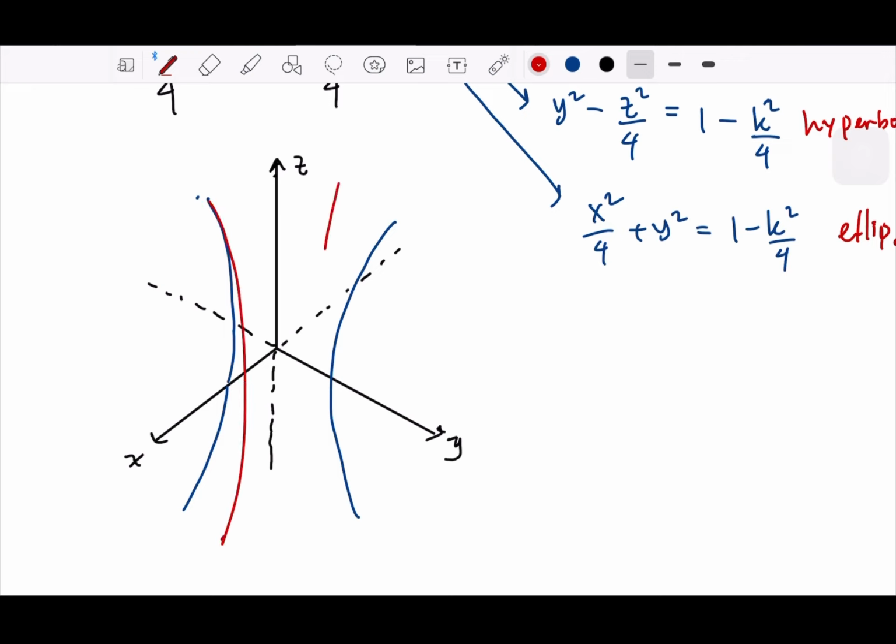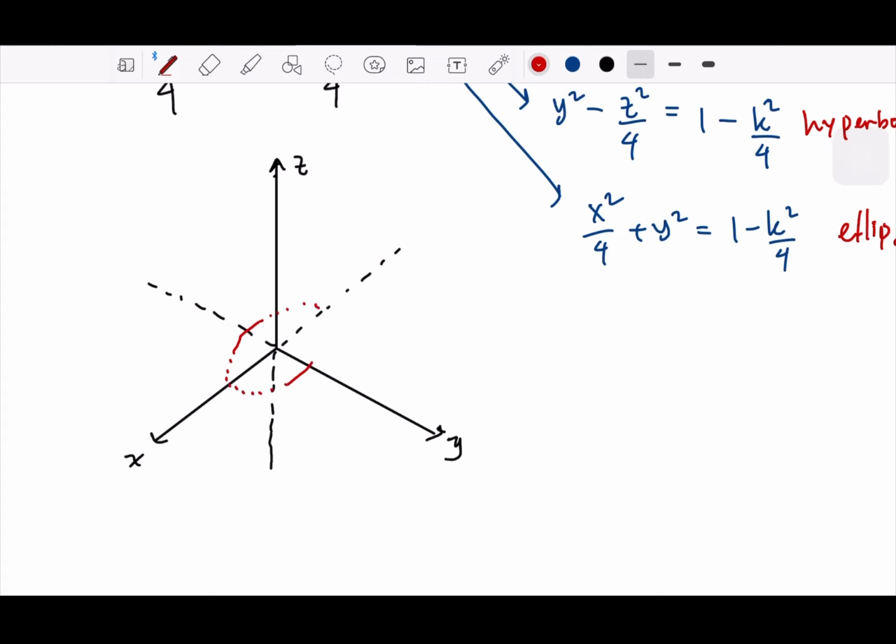Now we have the other side for the xz plane. Let me adjust the curve so it will be better.